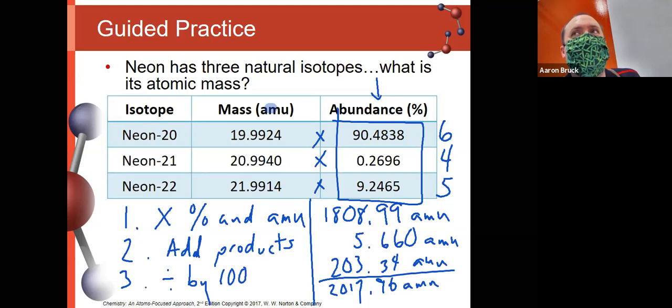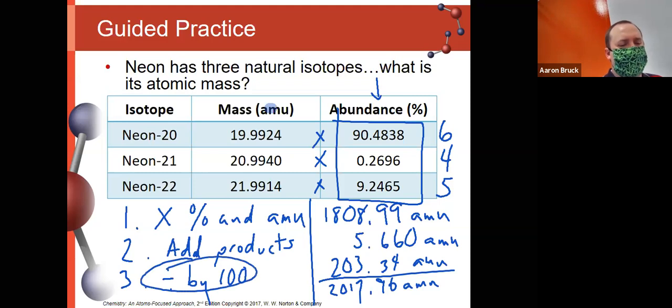Now, when you do it this way, and you come up with this as your final answer, immediately your mind has to go to, well, that's way too high. There's no number over 280 on the periodic table for atomic mass.